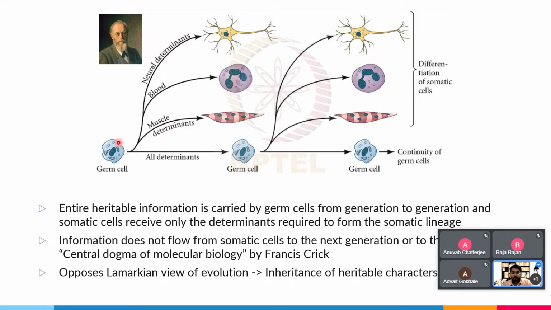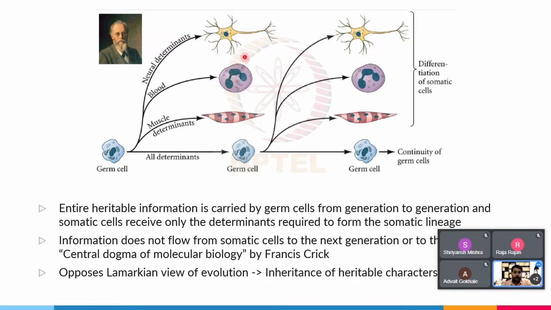That is, the germ cell essentially has every determinant, or now as we call them genes, that are required to form muscle, blood, and neural cells. The particular somatic cells that divide off from the germ cells will only receive particular determinants in order to only form muscles, only form blood, and only form neural cells.